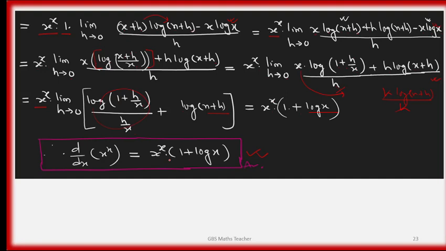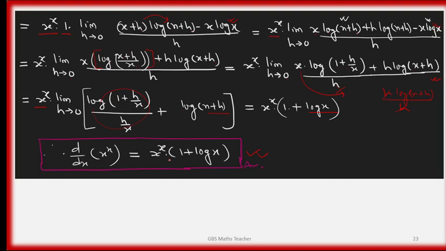Now we take the common term, 2 to the power x square, common. Then here, 2 to the power (x plus h) whole square minus x square, minus 1, by h. Then 2 to the power x square is on this side, limit h tends to 0.